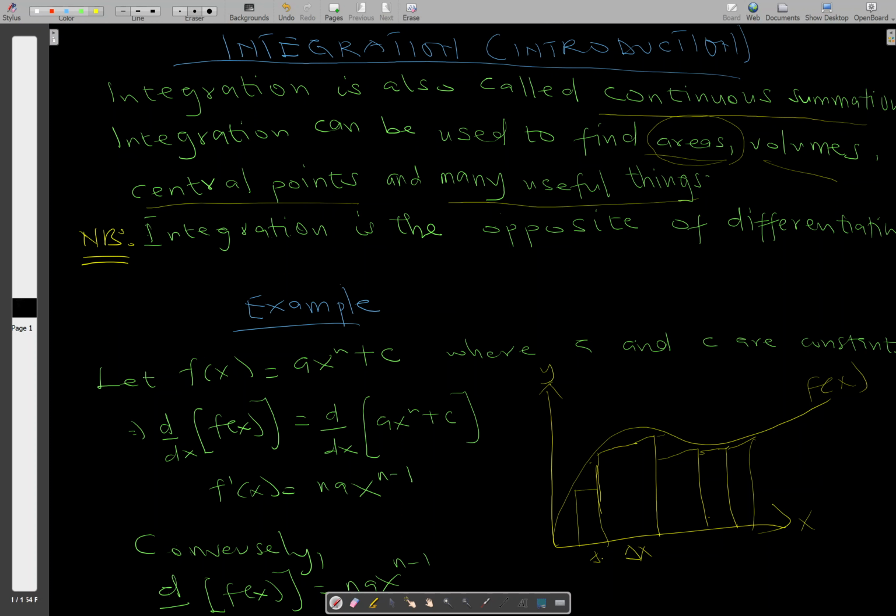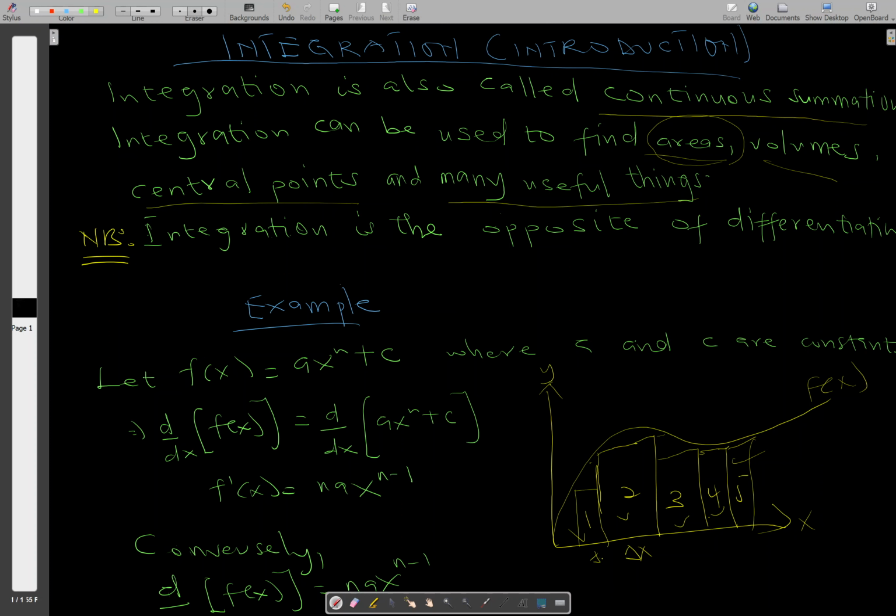First of all, you see under the curve we have divided it into slices. We have the first one, second one, third one, fourth, and the fifth one, and each of them is rectangular in shape. If you want to calculate the total area under this curve, that's the area of the first rectangle plus the area of the second rectangle plus the third plus the fourth plus the area of the fifth rectangle.